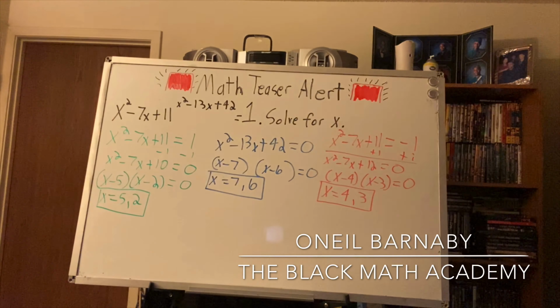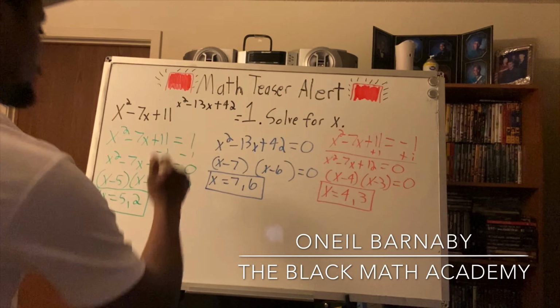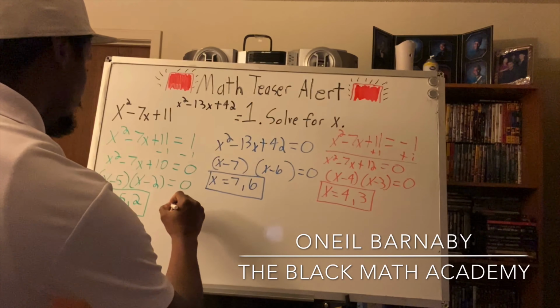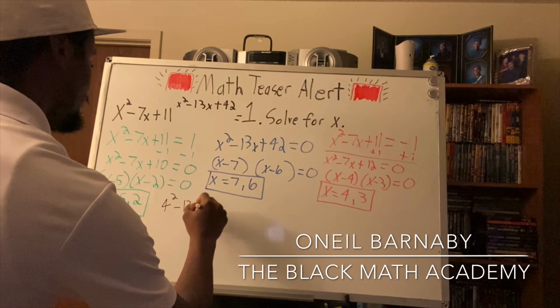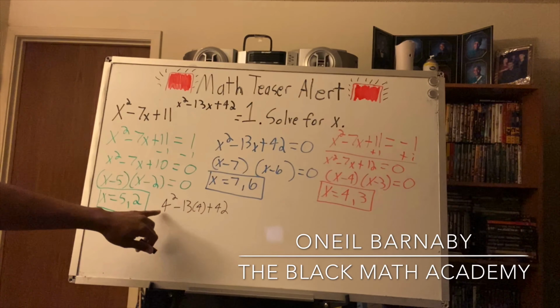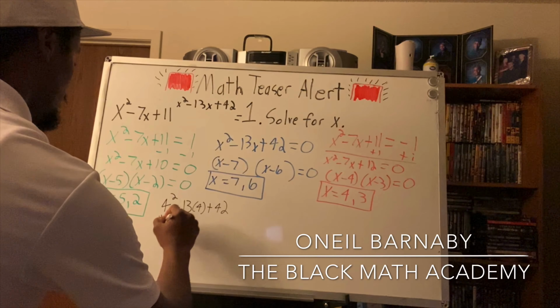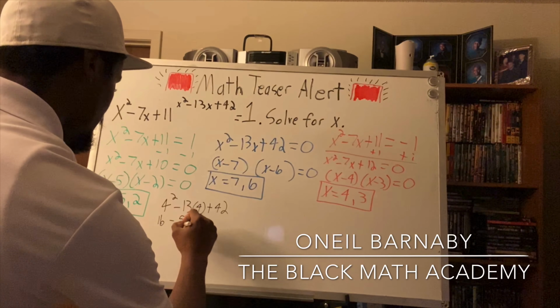So let me try it with another one. I'll do this in black. So we'll take 4. So 4 squared minus 13 times 4 plus 42. Right? So 4 squared is 16. 13 times 4 is 52.